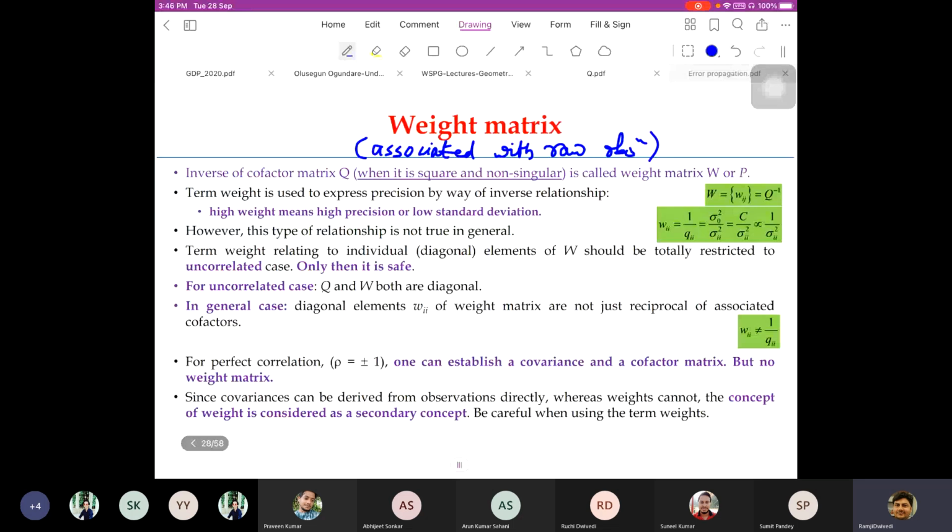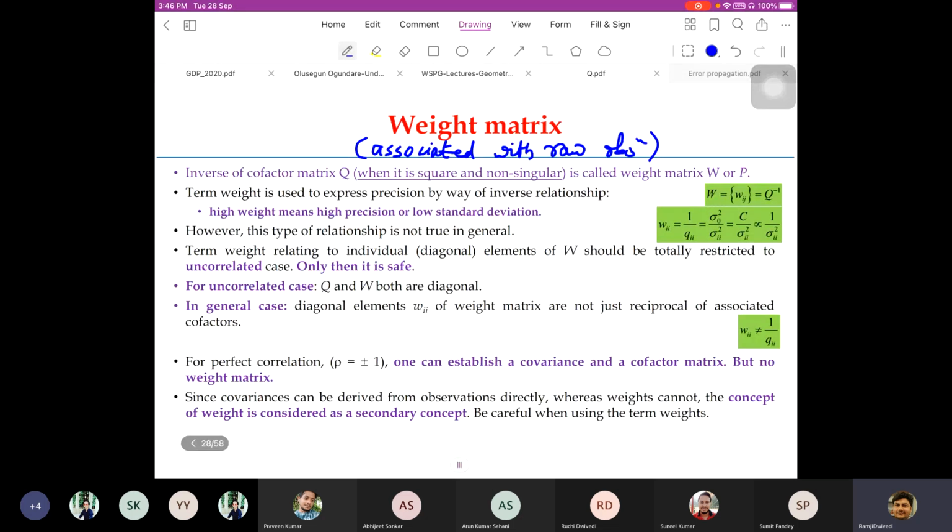Errors can be propagated, but weights cannot be propagated. The reason is very simple: if a certain weight is assigned to an observation, it will stick to it. Errors in the observation will go, but the weights cannot go. Weight is relative in nature, and it always sticks to the observation.